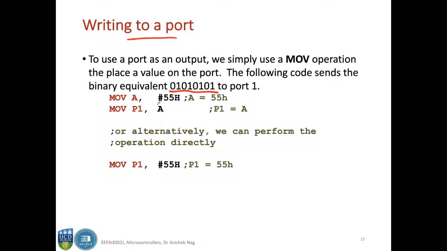To do that, you can move the number 55 hex, which exactly reads in binary like this: 01010101, to accumulator, and then from accumulator to port 1, or alternatively you can directly move this number to port 1. So this is writing, as simple as that.